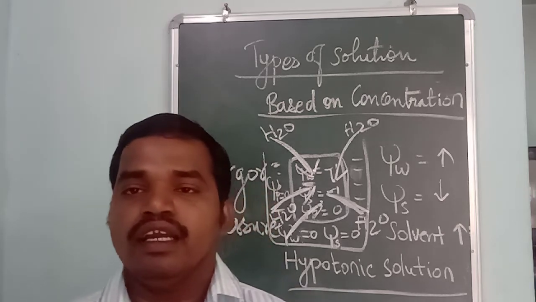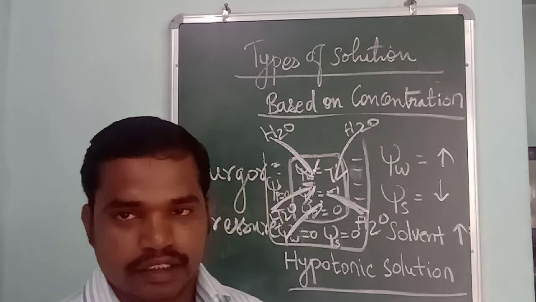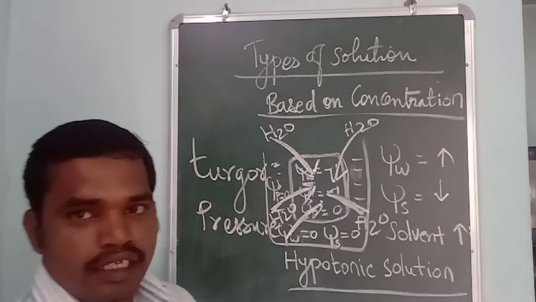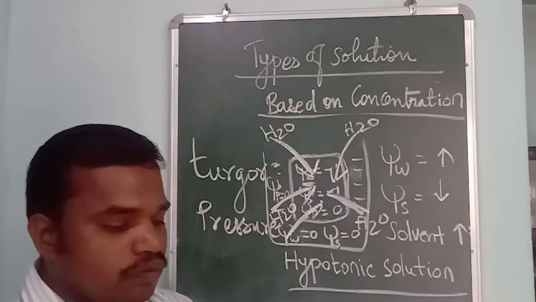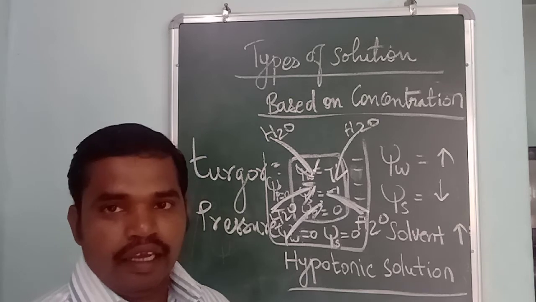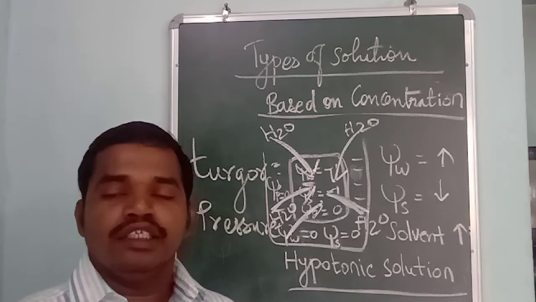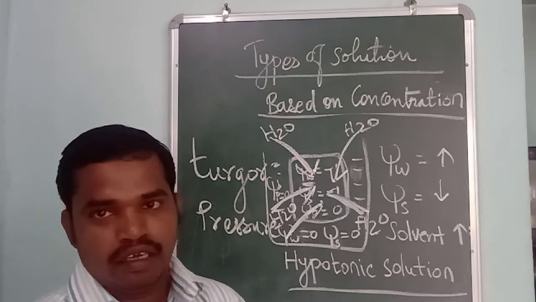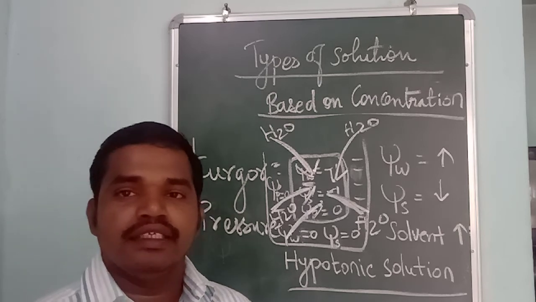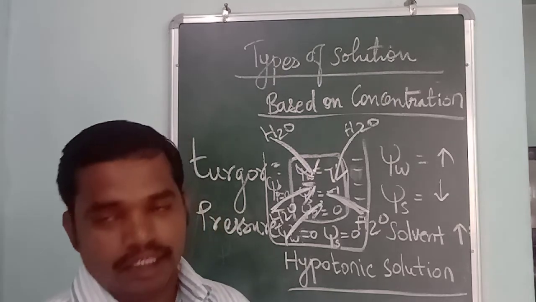Under which condition may the cell burst out? If the turgor pressure increases beyond the wall pressure, then the cell bursts out.